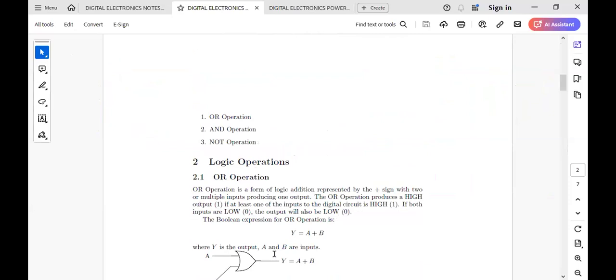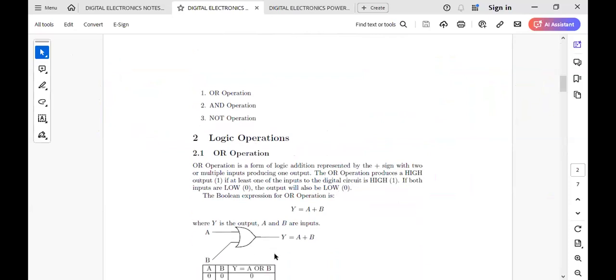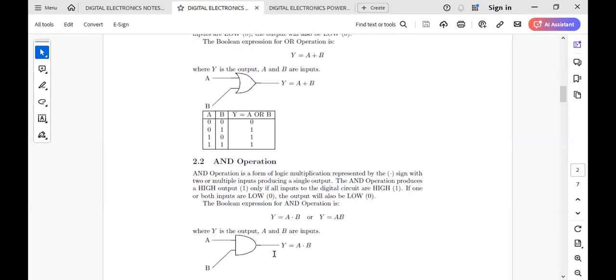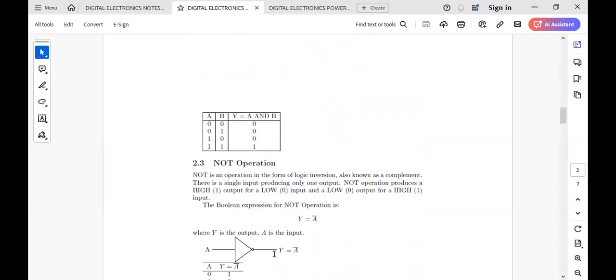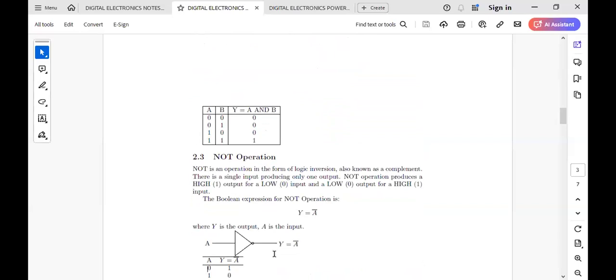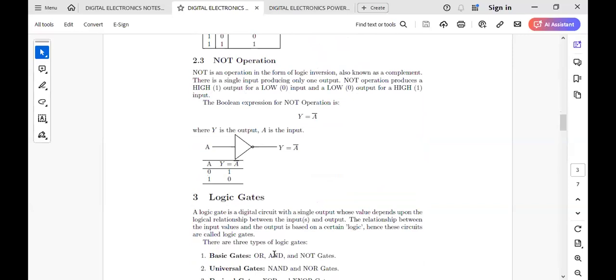We talked about the OR operation, where we add to get the result. We've talked about the AND operation that gives us the AND gate, where we multiply to get the result. We talked about the NOT gate, where the gate inverts the input, and we have a table given.